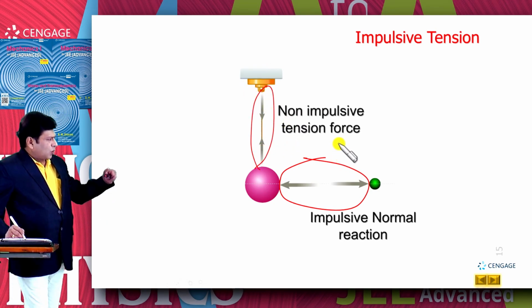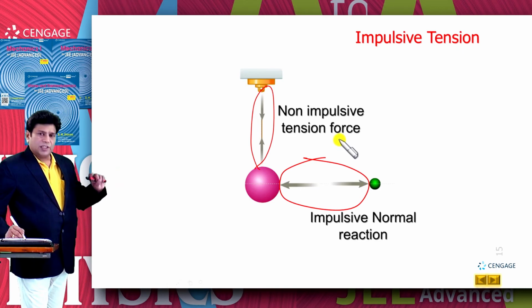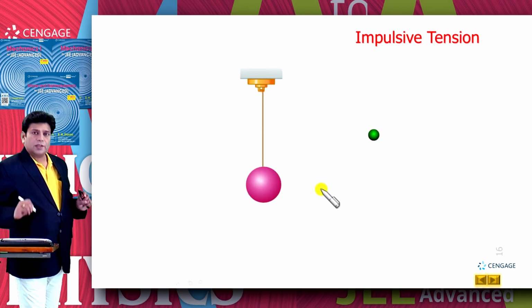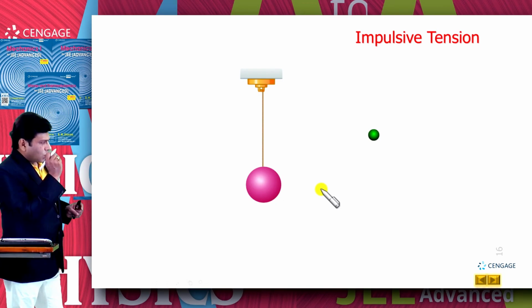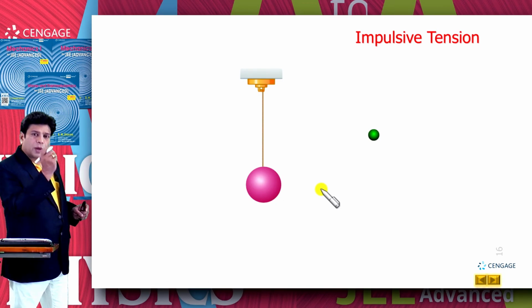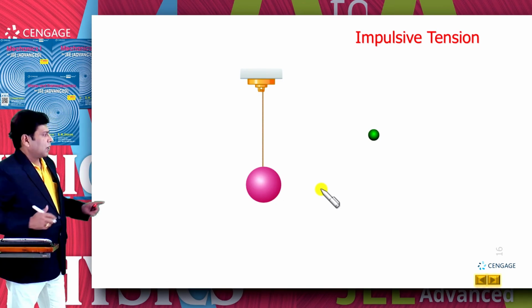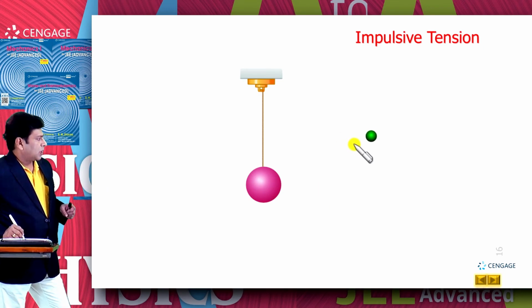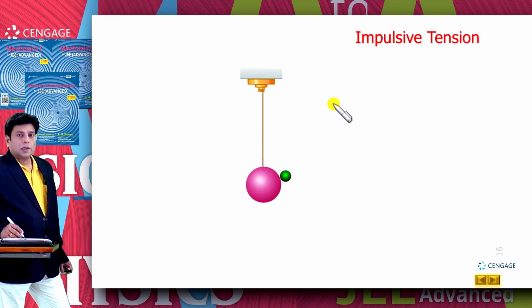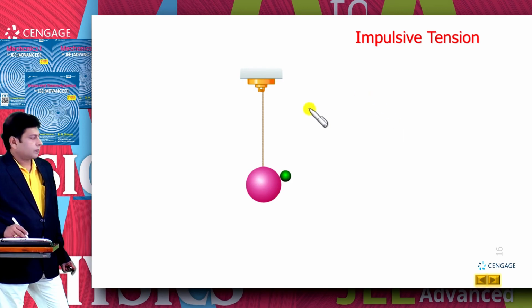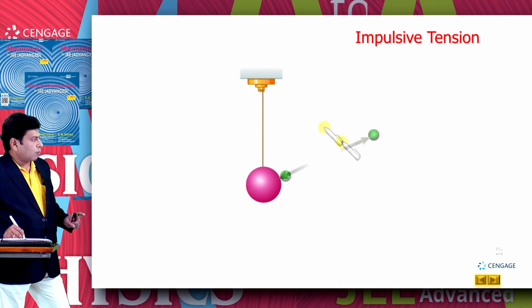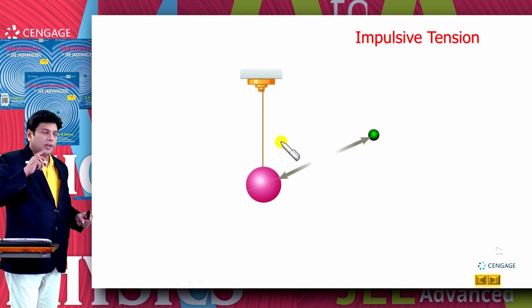But suppose I make a certain change here like this. If I throw a particle toward the center of the bob like this, you can observe the normal reaction between the particle and bob. It is not horizontal.